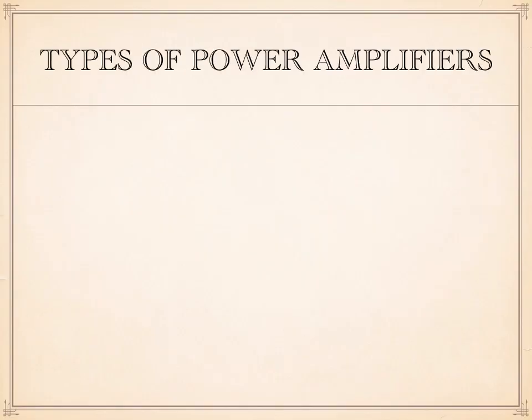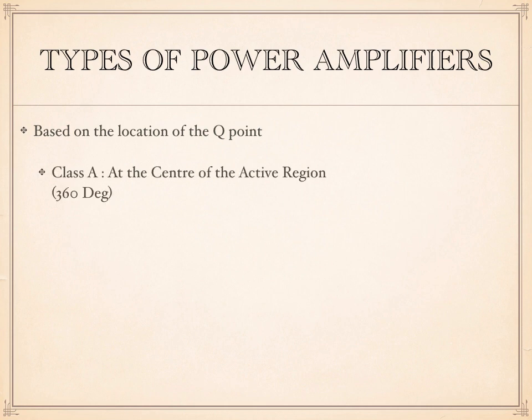Now we will discuss the types of power amplifiers in this slide. Amplifiers are classified based on the location of the Q point or the operating point. The first type of power amplifier is the class A amplifier.